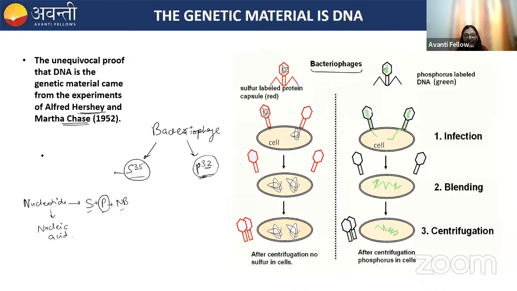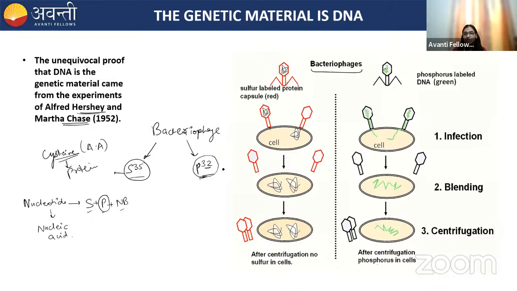Similarly, there's sulfur, and we know that there's one amino acid called cysteine. This amino acid contains sulfur, and because it is an amino acid, it's a part of protein, right? So this radioactively labeled sulfur will get incorporated in the protein coat of the virus.